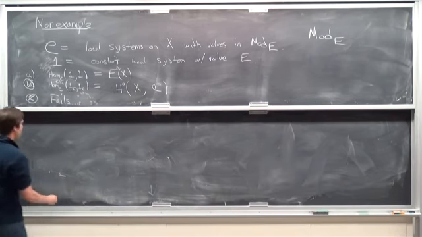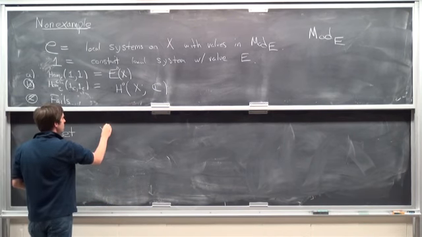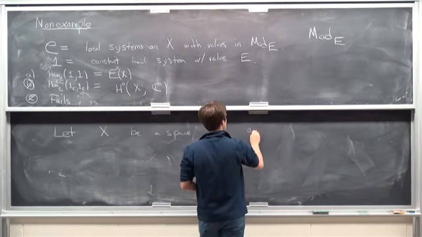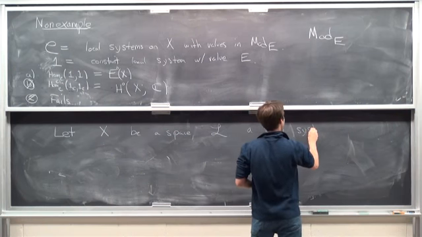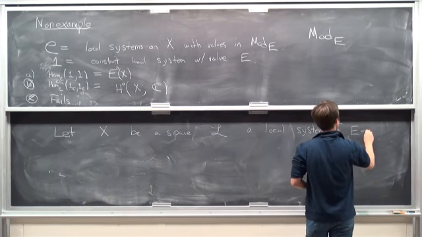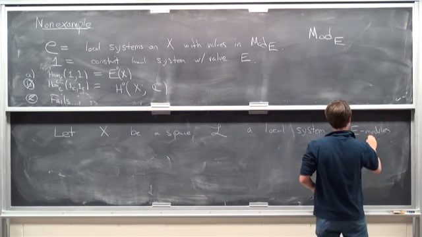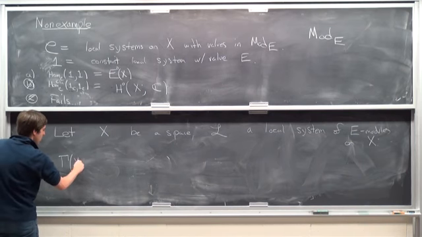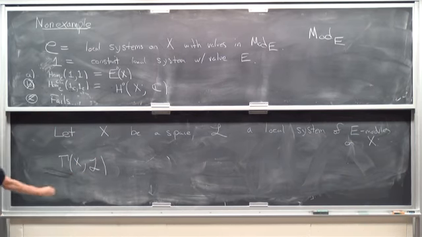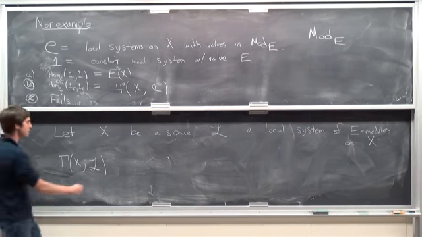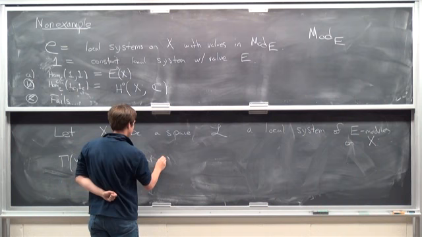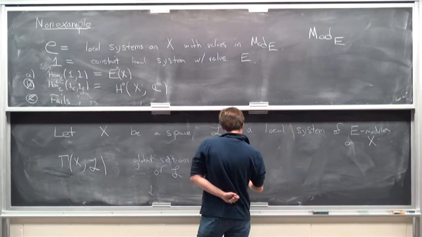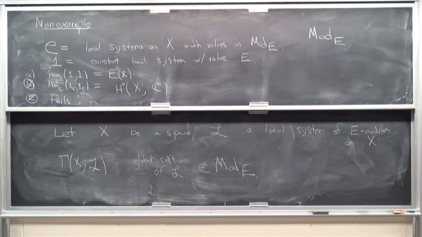So first I want to make an observation. Let X be a space, and let L be a local system of E modules on X. I'm going to write Γ(X; L) to mean the global sections of L. I mean to think of this as an object in this world of E modules.